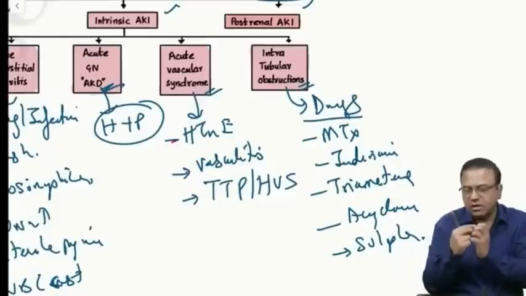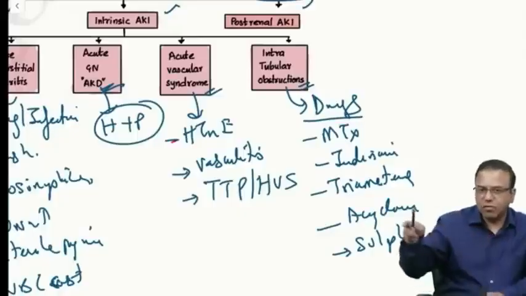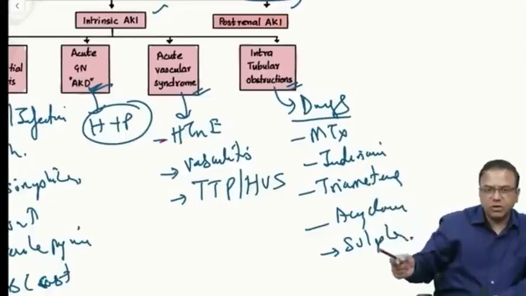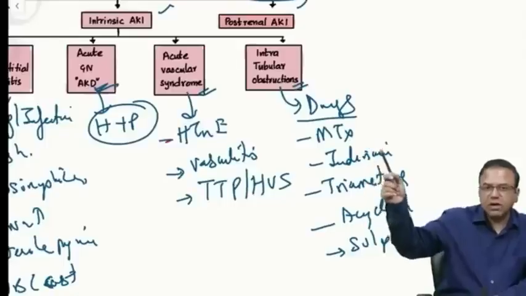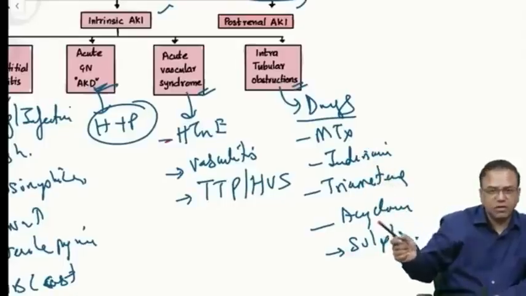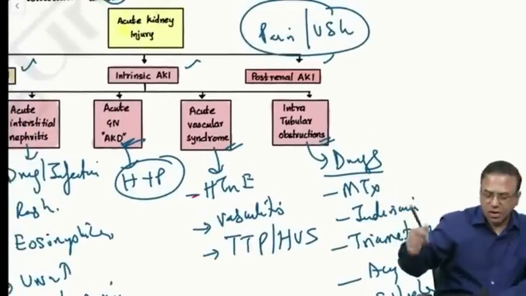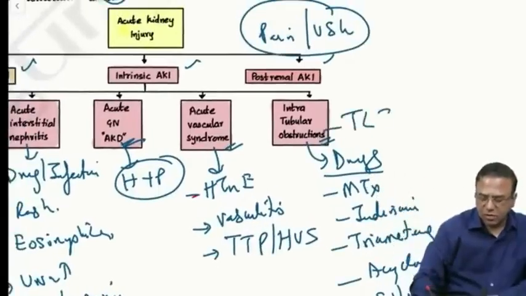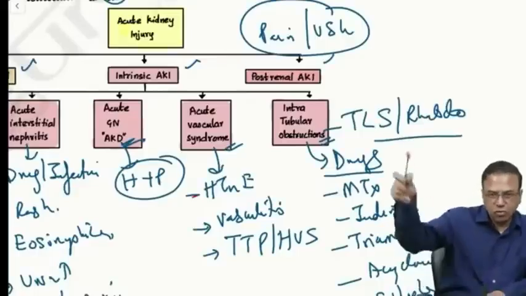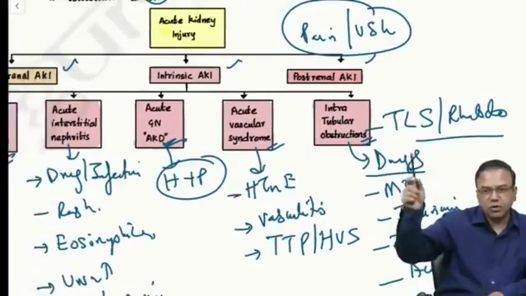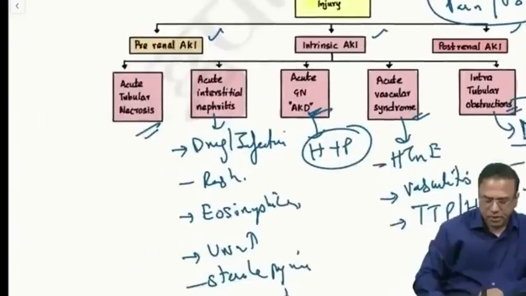They're still inside the nephron and their blockage cannot cause hydronephrosis. So they are causing obstruction, but this is crystal formation: methotrexate, indinavir, triamterene, acyclovir and sulfa drugs. And sometimes you can also see precipitation of uric acid crystals or rhabdomyolysis. So tumor lysis syndrome, rhabdomyolysis, they may also be responsible, although these two conditions may come with ATN also.